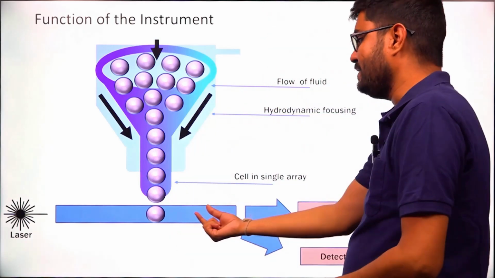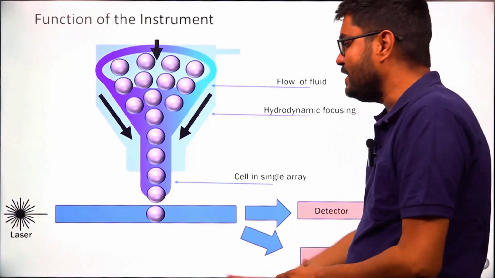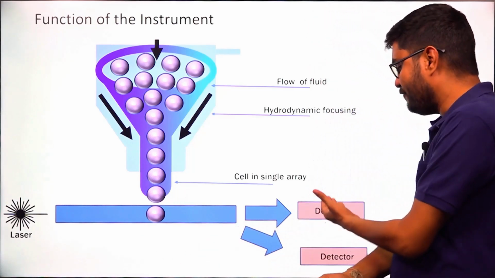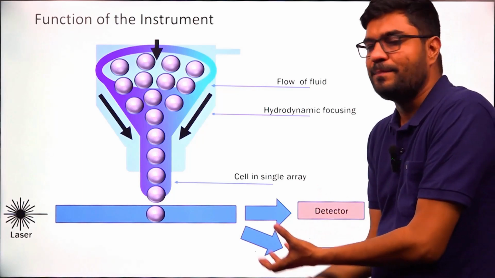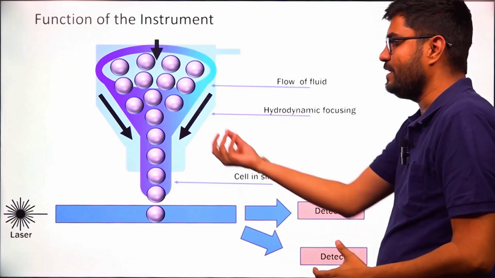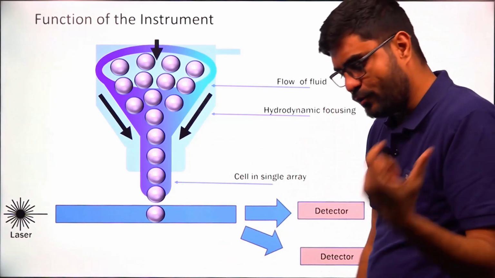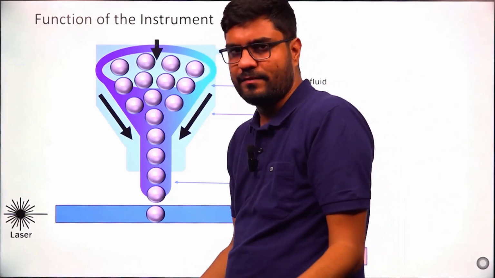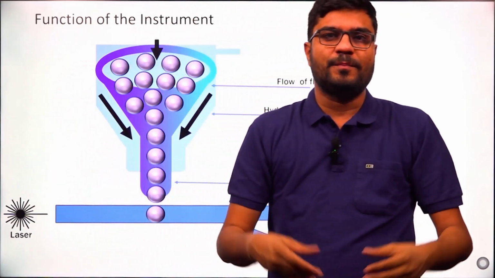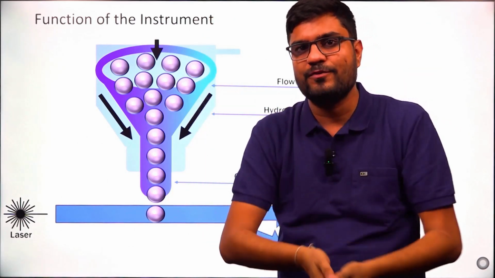That one cell is interacting with a laser, the light source, and these interactions are measured by different kinds of detectors. The principle is very simple. This application of pressure and generating this stream is called hydrodynamic focusing. You take some cells, apply hydrodynamic focusing, the flow of liquid, a pressure, and create a single array of cells.